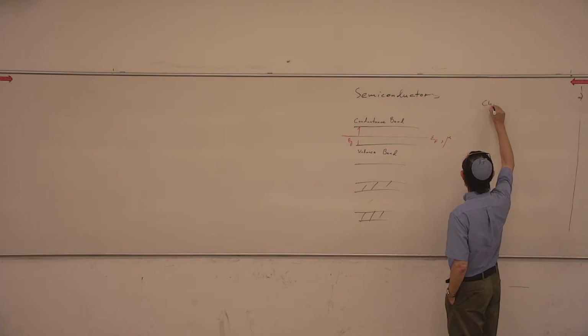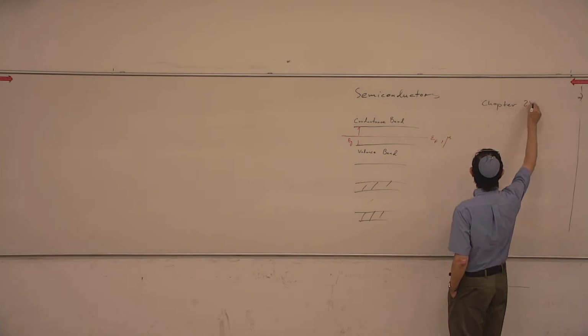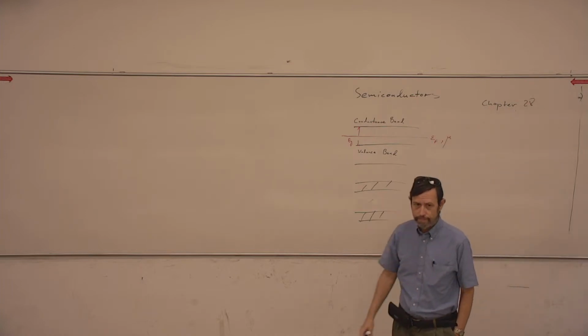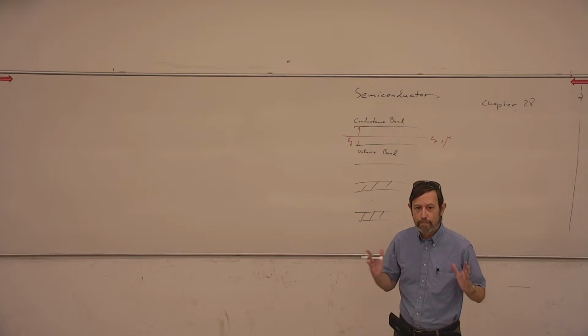By the way, this is chapter 28 in Ashcroft. No, it's not skipping, because Ashcroft is not built in a sequential way.